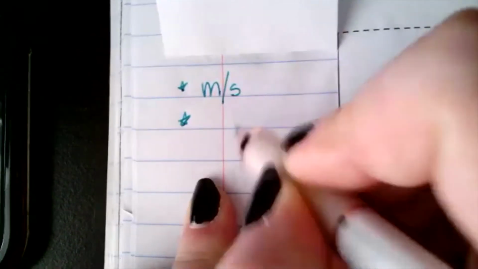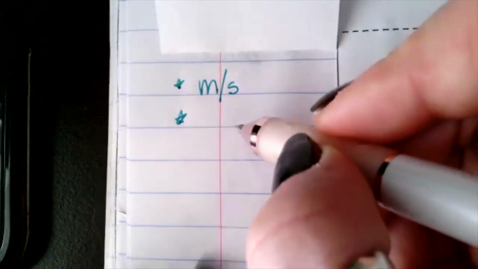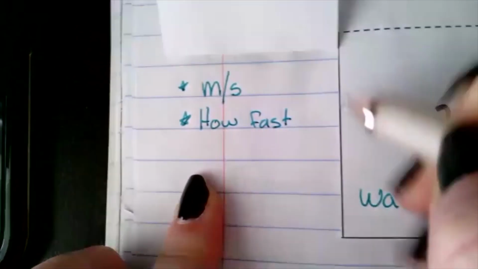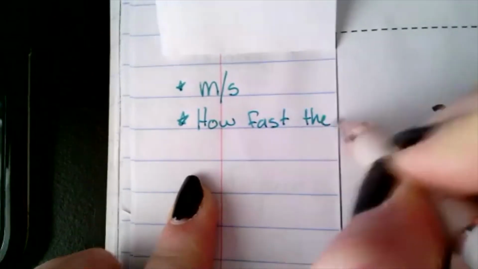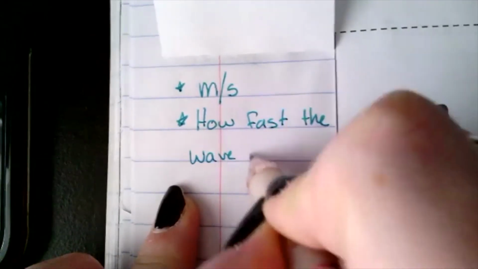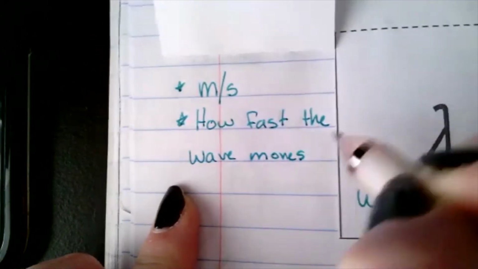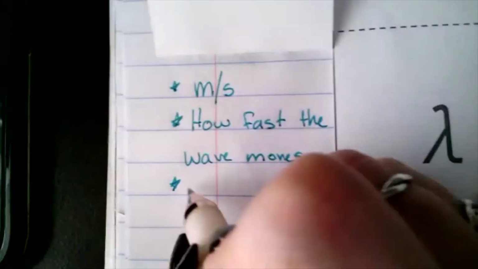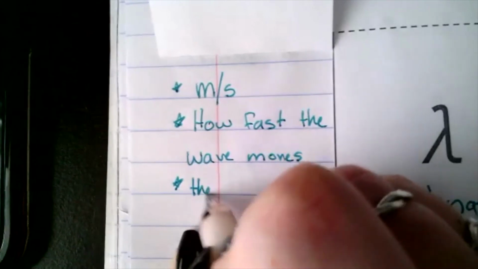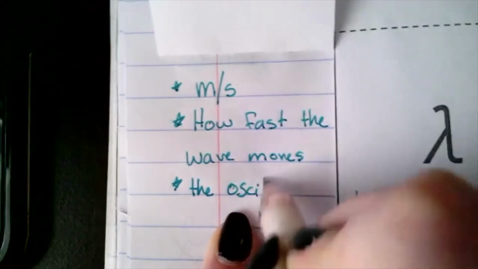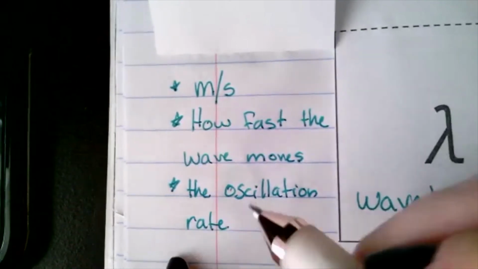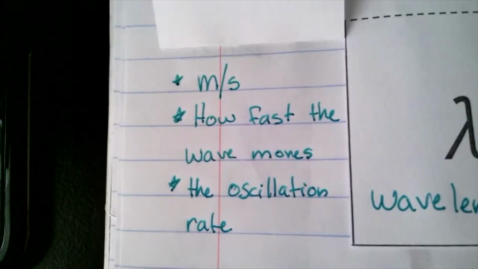Meters per second, it is a fraction, it is a division problem. This is how fast the wave moves. We can also describe this as the oscillation rate, the rate of oscillation, like how fast it's vibrating.